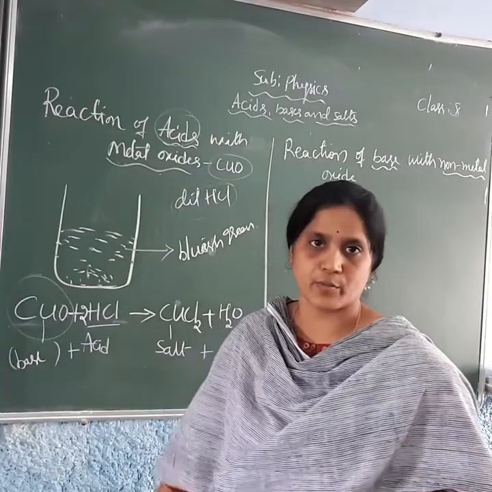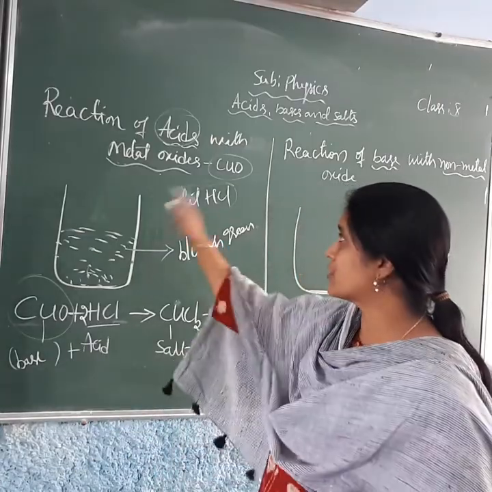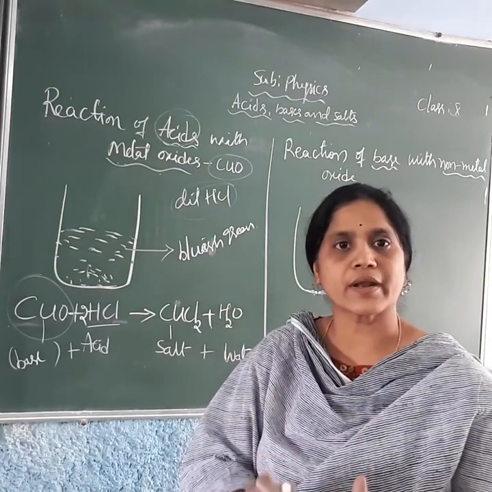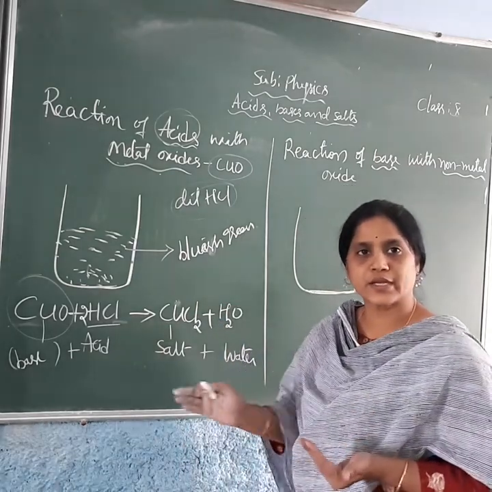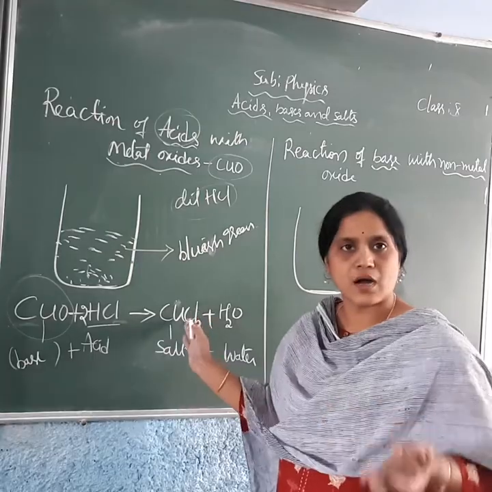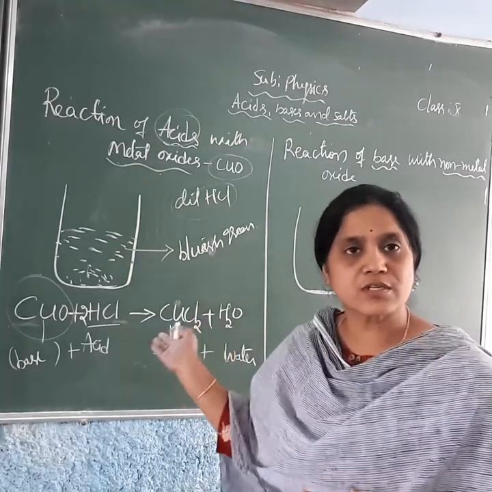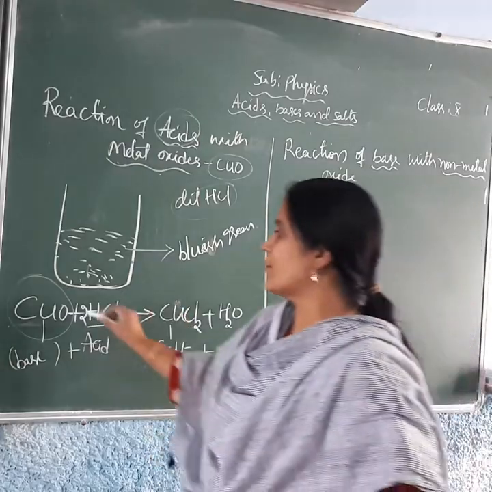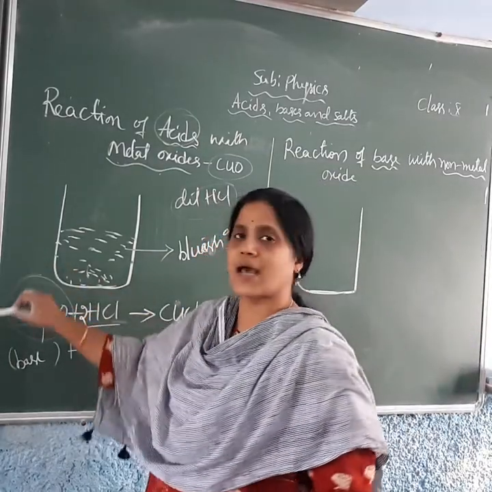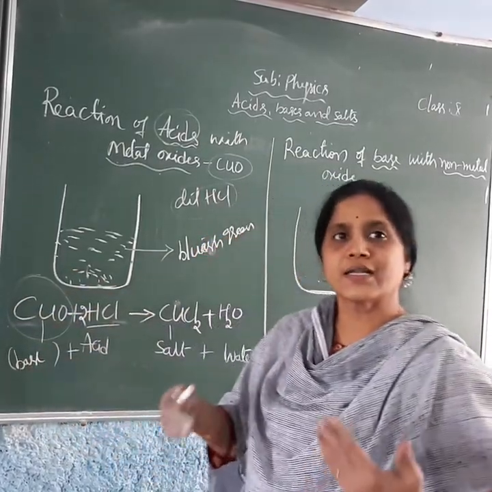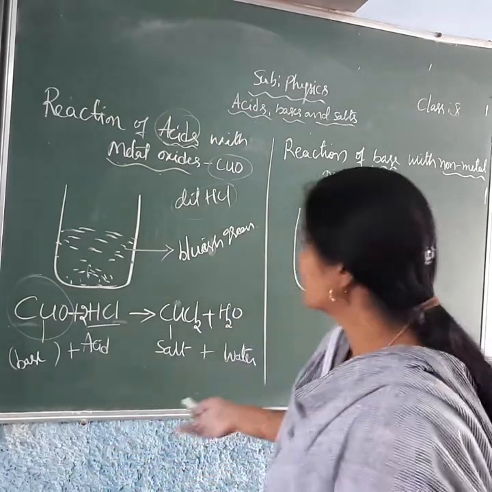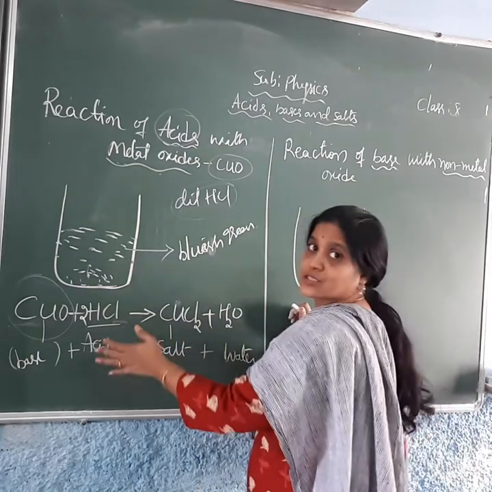Very important: once again I am repeating, when acids react with metal oxides, the end products are salts and water. It is equal to the neutralization reaction. Due to this reason, the metal oxide is known as a base, because metal oxides show basic nature when they are added to acids.